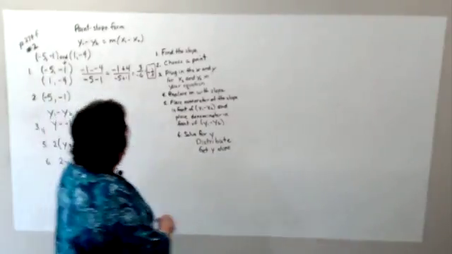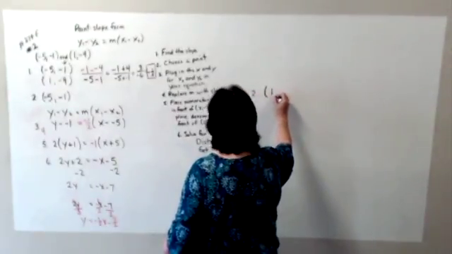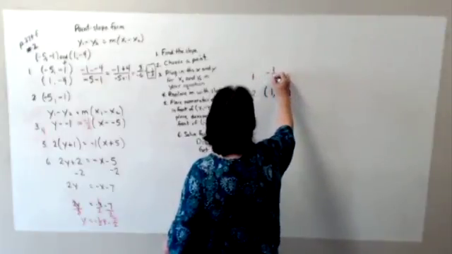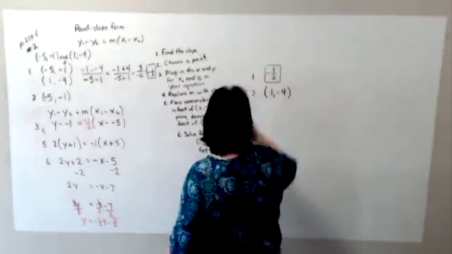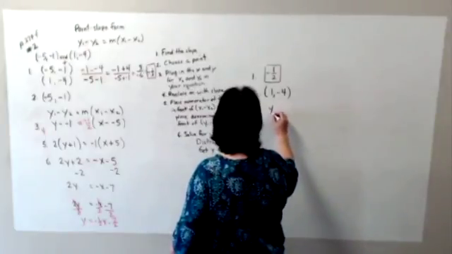I'll work out from step 2, picking 1 and -4. So for step 1, my slope is still the same, right? But from step 2, I will do this.